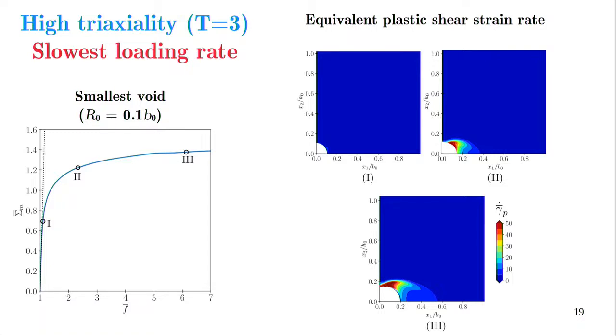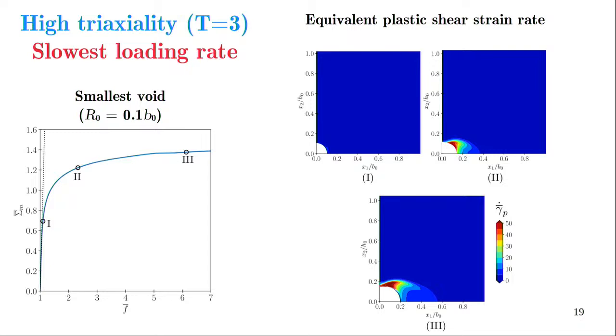With the increase in void, this shear strain rate starts increasing towards the x2 axis, and still it is locally around the void. There are no shear bands throughout the specimen. So this transition from the 45-degree shear band to local plastic straining happens somewhere between the slowest reactivity and the highest reactivity, and it has been well discussed in earlier work.